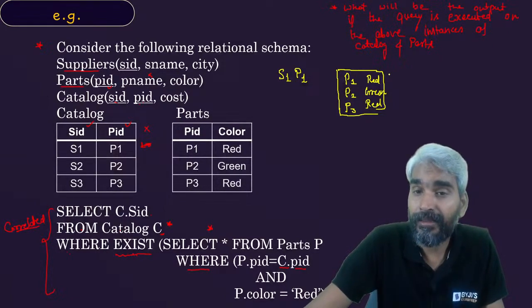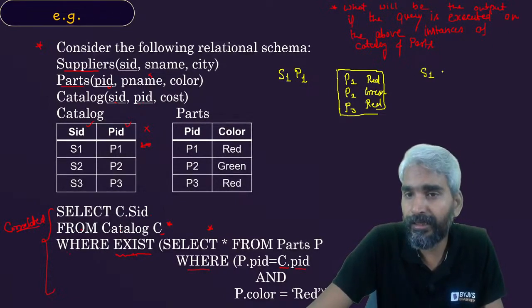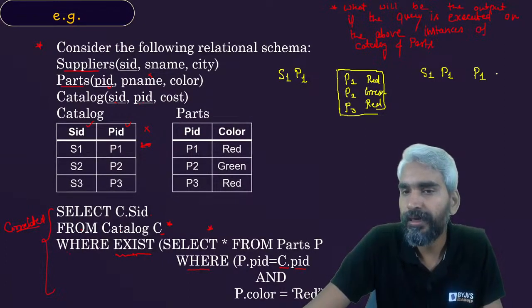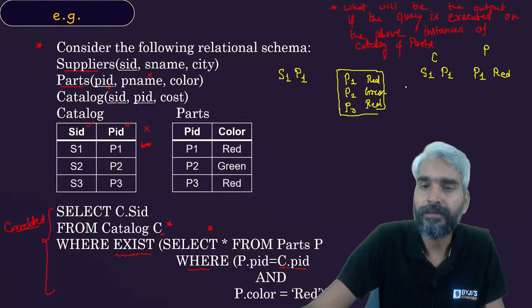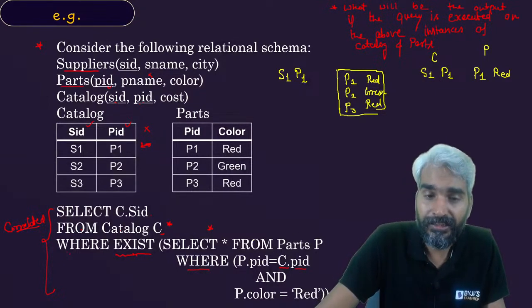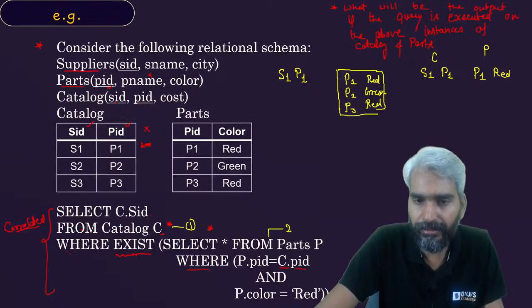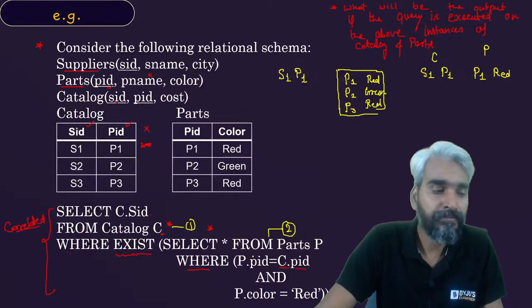Now, what will happen? You will take the first tuple from the outer relation, then the first tuple from the inner relation, that is P1 and red. This is your table P, this is your table C. Now, go to the where condition.